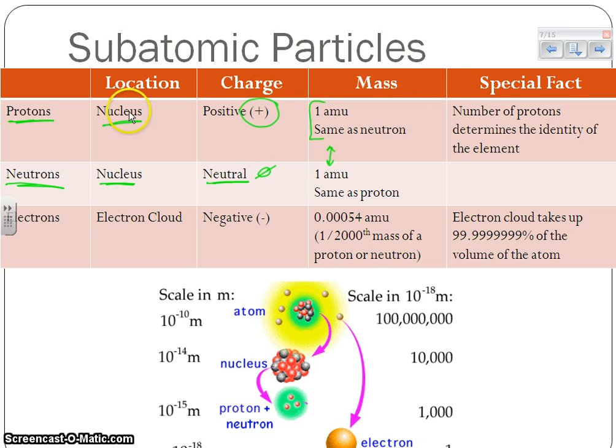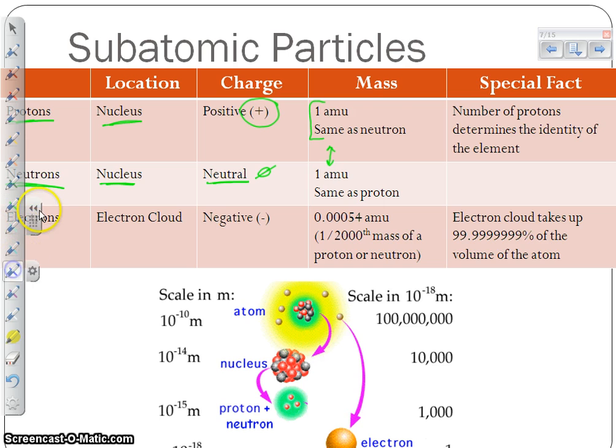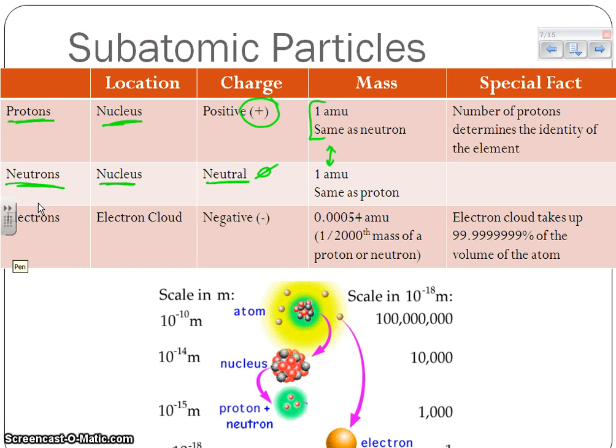Okay, so between the things in the nucleus, the important key that we haven't hit yet is what protons actually do. Protons determine the identity of the element. For instance, if you look at your periodic table, you're going to see a single number that does not have a decimal. Okay? In terms of carbon, you're going to see 6.